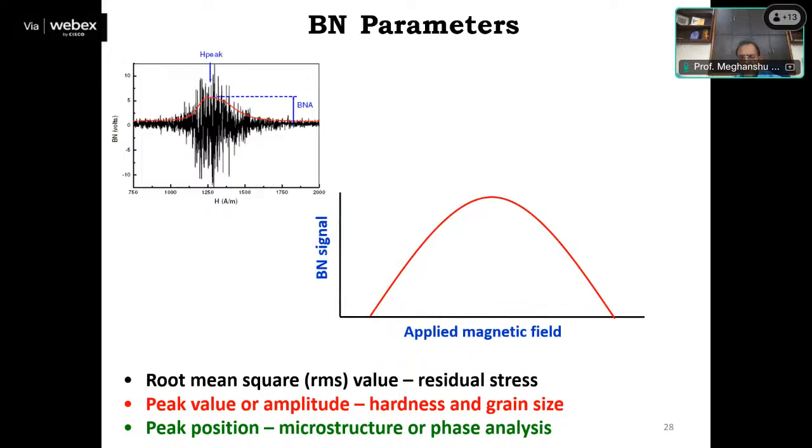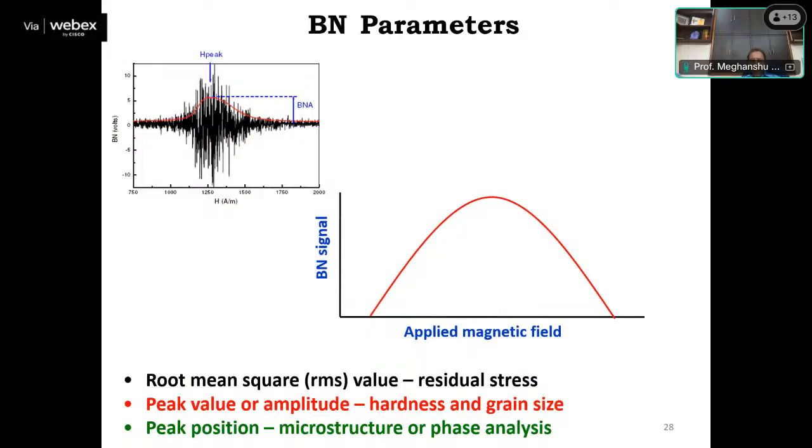This curve is having various parameters like root mean square value or RMS value. This RMS value is directly related with residual stress.